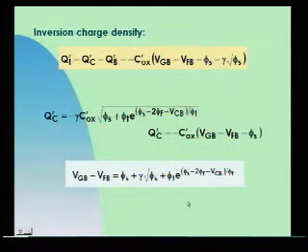It cannot be evaluated analytically, it must be evaluated numerically, but you can compute the surface potential as a function of the gate voltage and the channel voltage to finally have the inversion charge density as a function of gate and channel voltages. Now we finish the physics and we are going to the modeling itself.